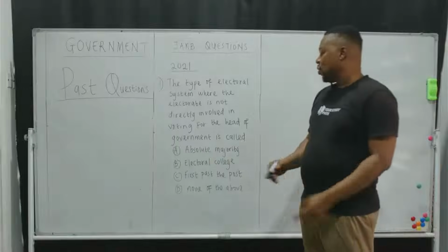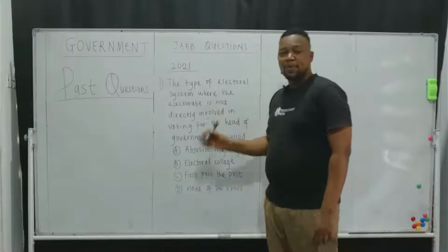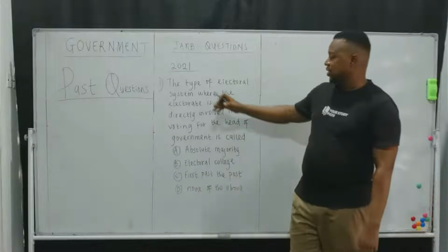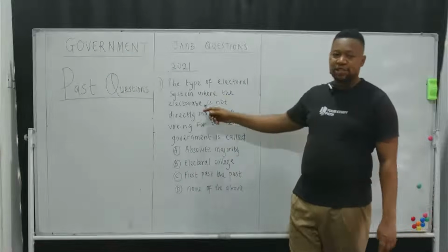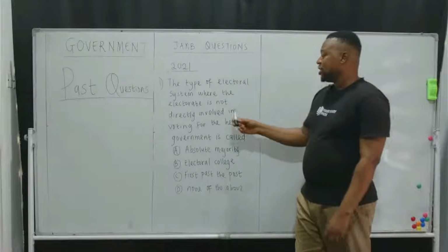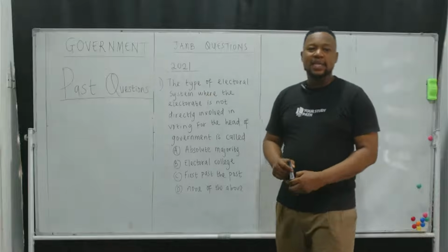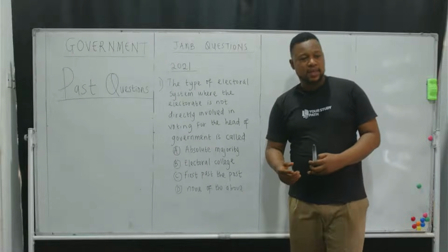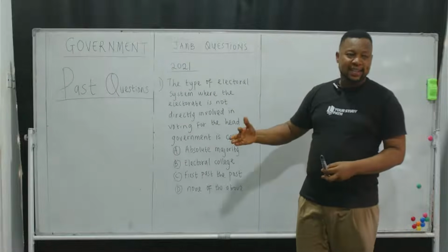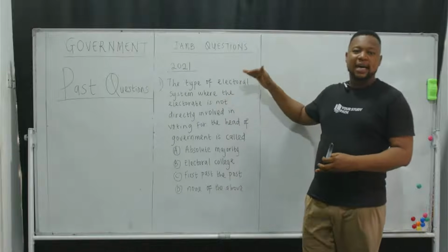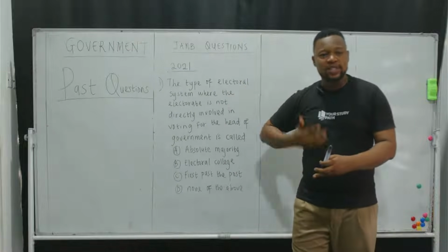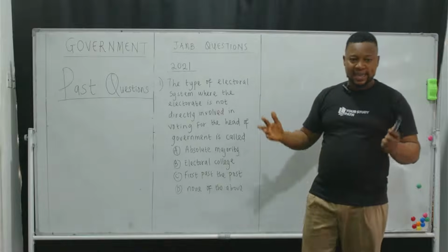We need to understand that one of these options is a type of election. Where the electorate are not directly involved, that means they are indirectly involved: the people are used to choose their representatives during election.